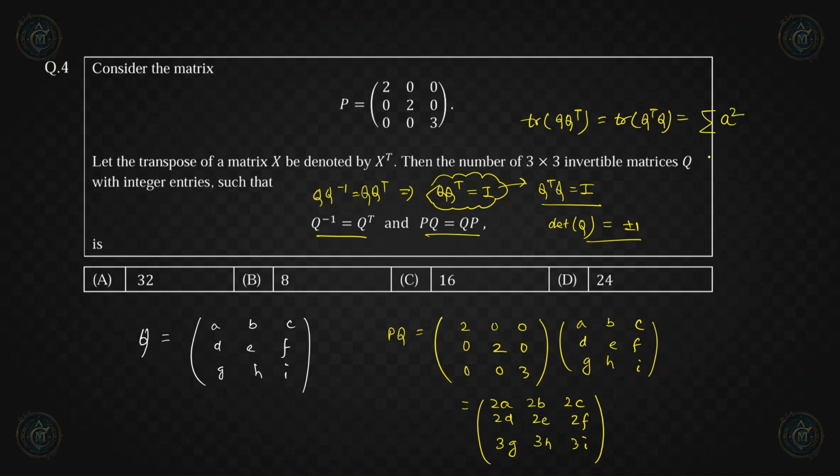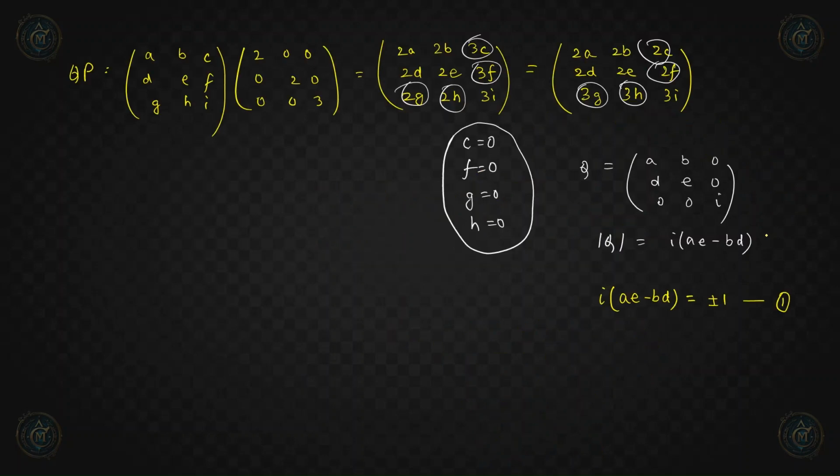So this will be simply A square plus B square plus D square plus E square plus I square, because all other elements are 0. So we have to have A square plus B square plus D square plus E square plus I square equal to 3. Okay, so we have this second condition here.